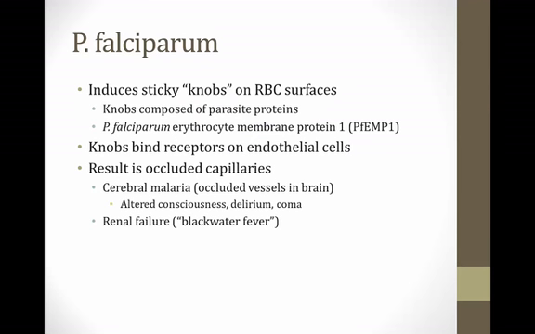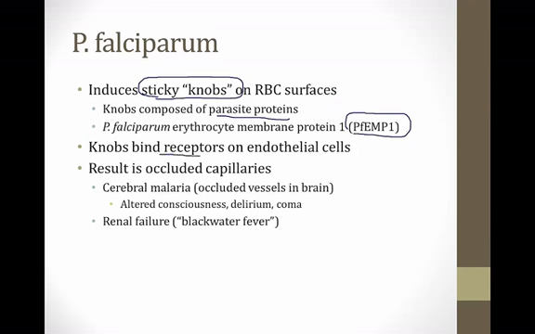Another feature of falciparum that leads to more severe disease is the presence of sticky knobs on red blood cell surfaces. So there are knobs in red blood cells infected with falciparum that are composed of parasite proteins. Plasmodium falciparum makes something called erythrocyte membrane protein 1, which is called PfEMP1, and this goes to the surface of red blood cells, and it looks like little knob-shaped proteins.